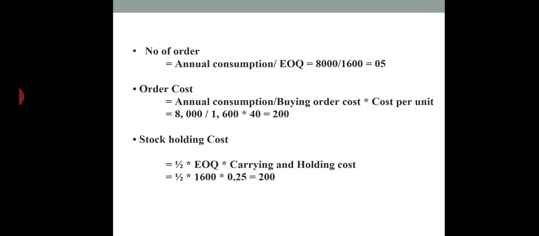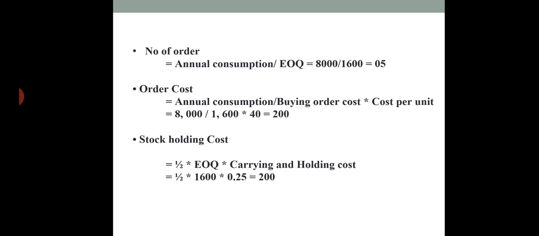So here the buying order cost is 40 rupees, and annual consumption divided by EOQ is 8000 divided by 1600. So directly you calculate 5 into 40, 200.